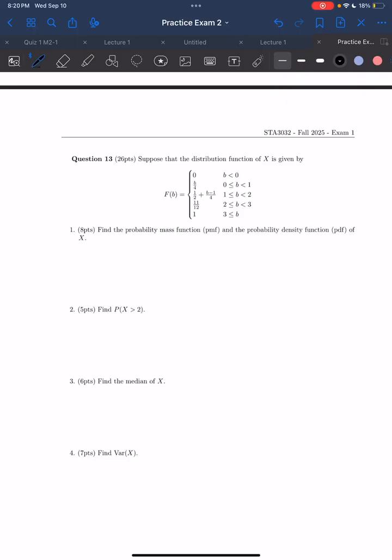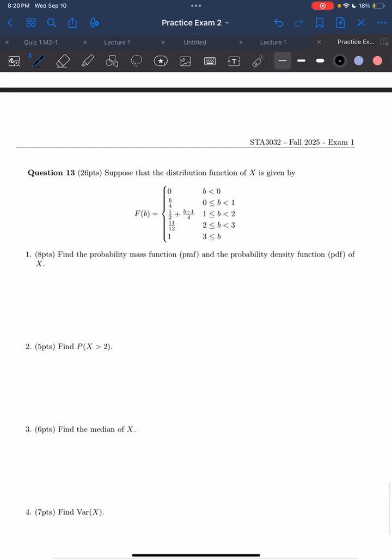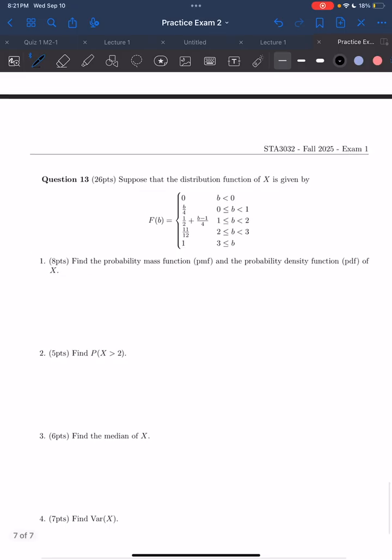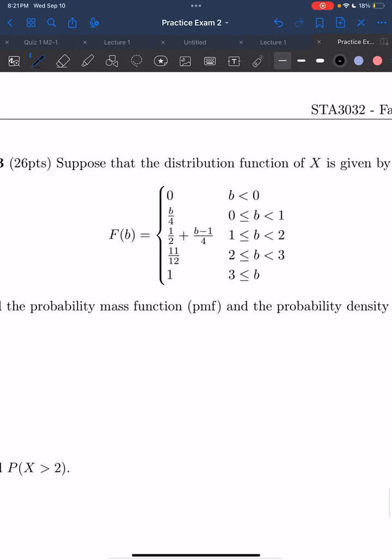So this function has some continuous parts and some discrete parts. So we need to find the probability mass function for our discrete parts and the probability density function for our continuous parts. So let's start with finding our continuous parts.